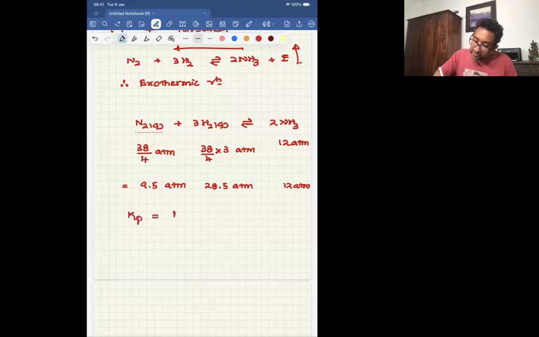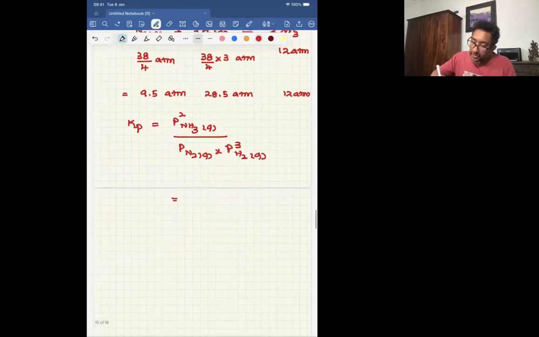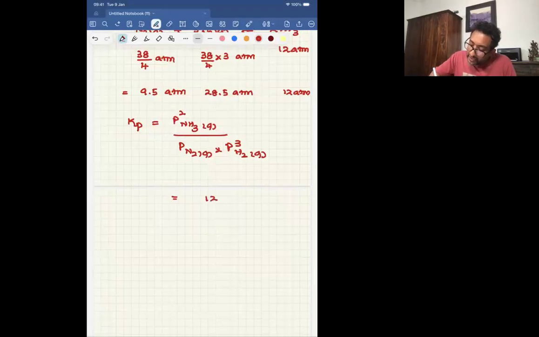So what is the Kp value? Kp is the partial pressure of ammonia squared, divided by the partial pressure of nitrogen times the partial pressure of hydrogen cubed. You get 12 atm squared, nitrogen 9.5 atm, hydrogen 28.5 atm to the power 3.